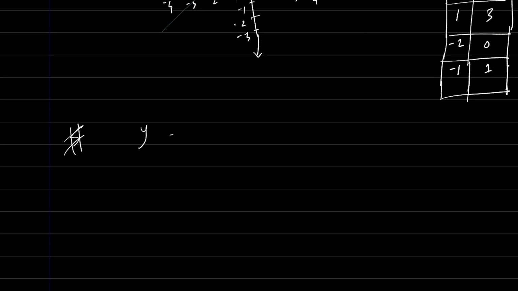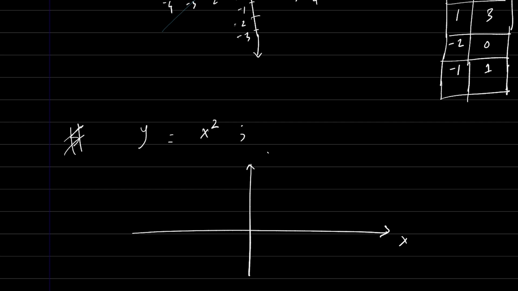Similarly, we can show the graph for y is equal to x squared. This is our x-axis, y-axis. Let me use a different color. Okay, like this. So for x is equal to 1, the value is 1, so the point is 1, 1.